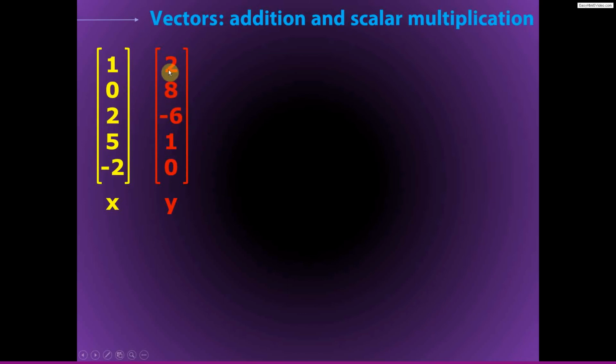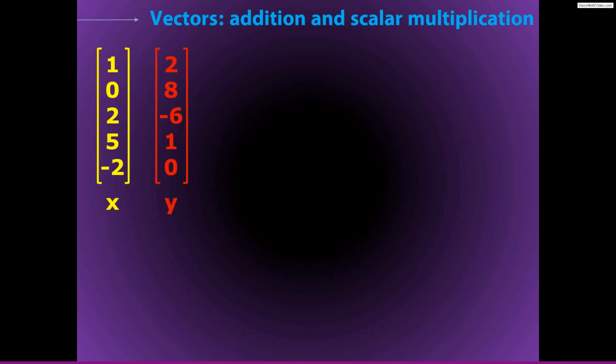You can see here that vector addition only works when the 2 vectors have exactly the same number of elements. So this is a 5-dimensional vector. If this only had 4 numbers in here, it would not be possible to add these 2 vectors. So it's not always possible to add any 2 random vectors.